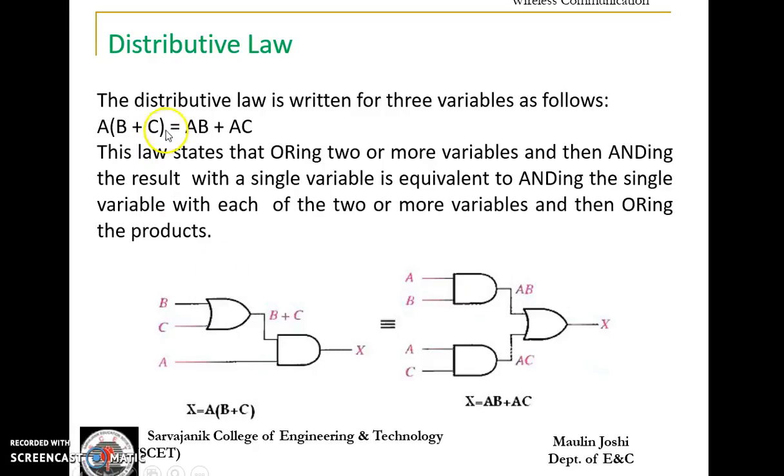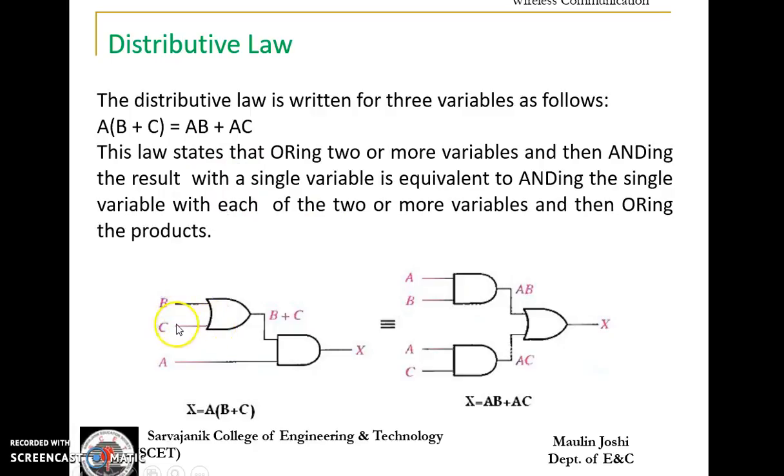Distributive law. The distributive law is written for three variables as follows: A into bracket B or C, that is A into B plus, that is OR, A into C. This law states that ORing two or more variables and then ANDing is equivalent to ANDing first and then ORing.